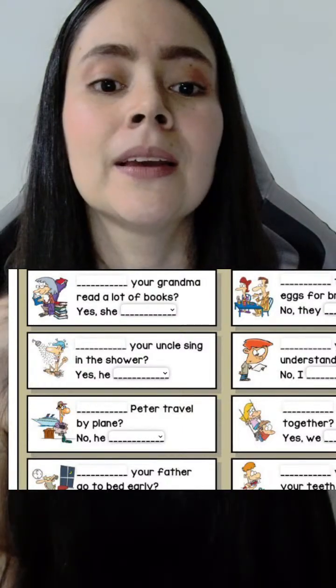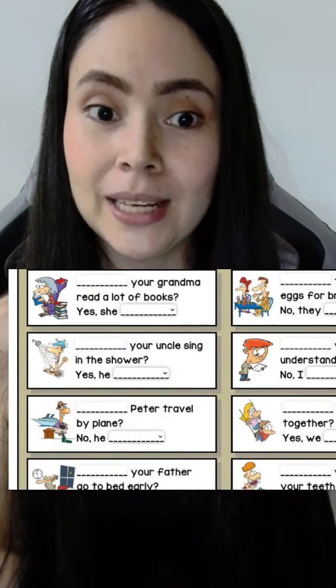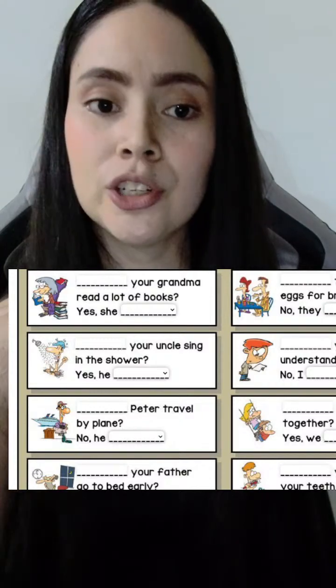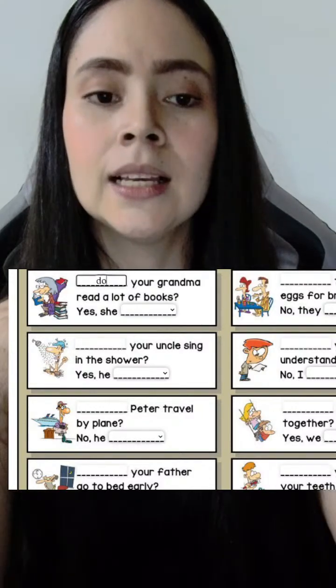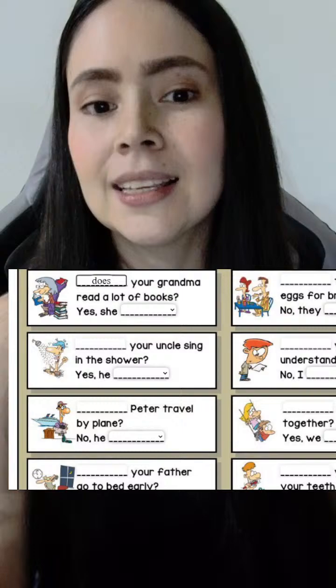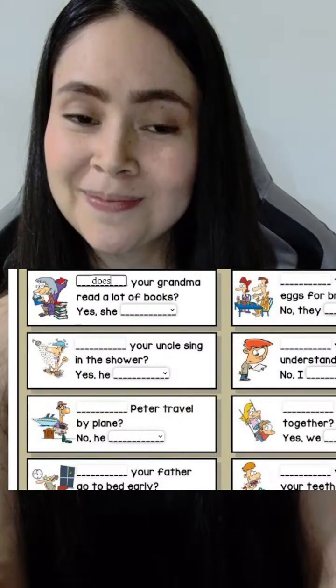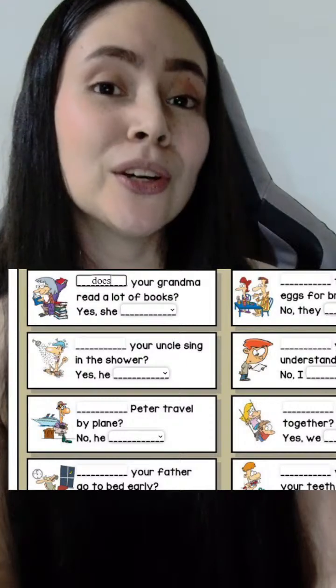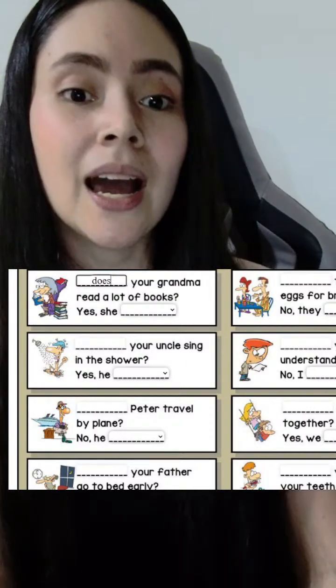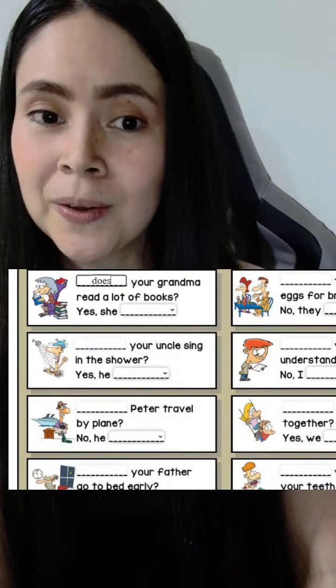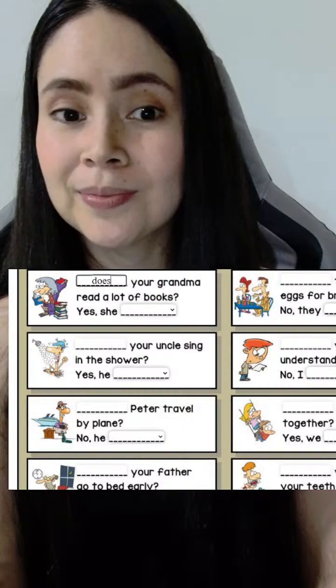So it says she, right? The auxiliary for she is does. So we say, does your grandma read a lot of books? This is a question.